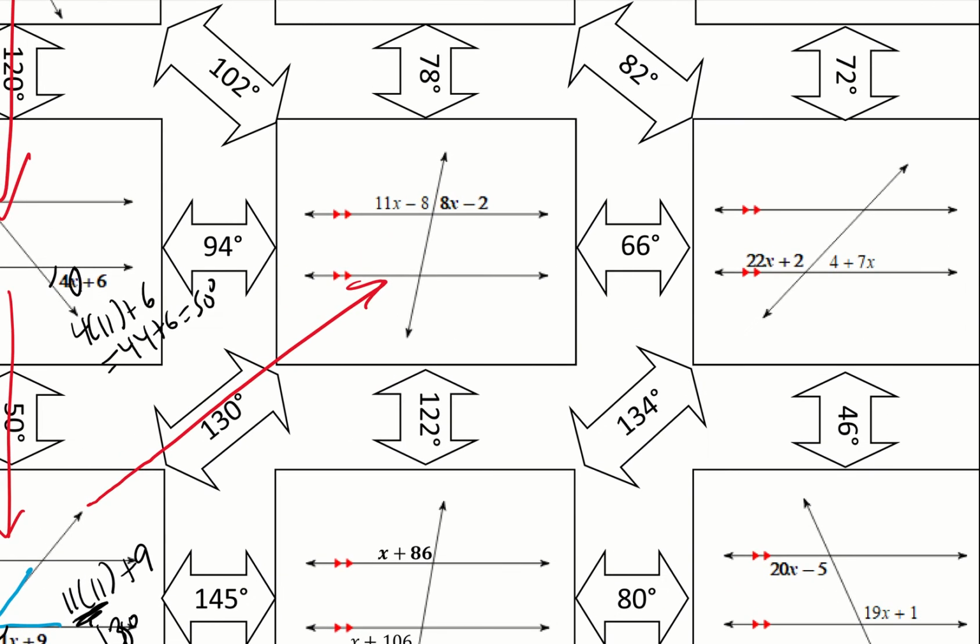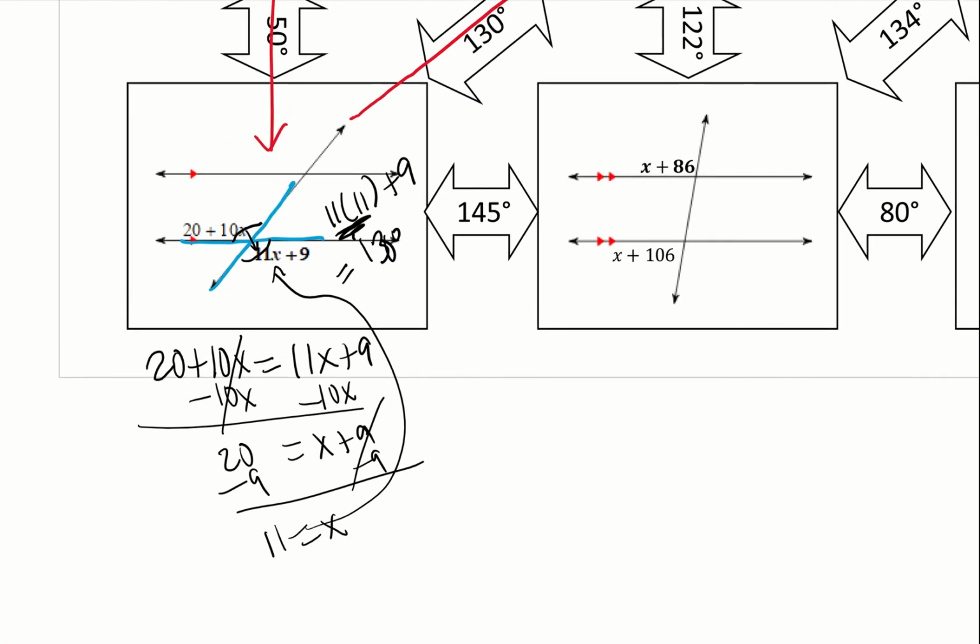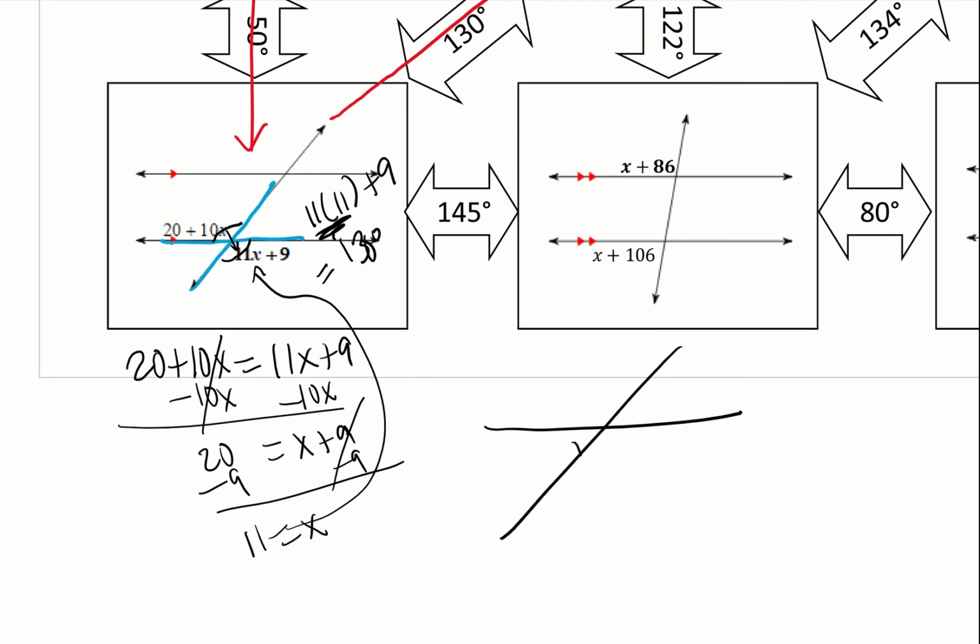Now let's go ahead, and this is the one that I mentioned earlier. Right here we have this line and then this line. They're right next to each other, kind of like the example that I drew earlier, where you had a railroad crossing. 1 and 2 are vertical angles, but if they're next to each other, like these are next to each other, beside each other, then they're referred to as a linear pair.